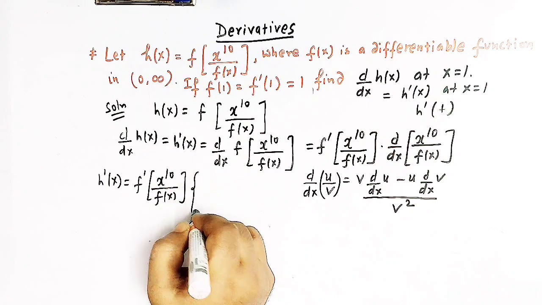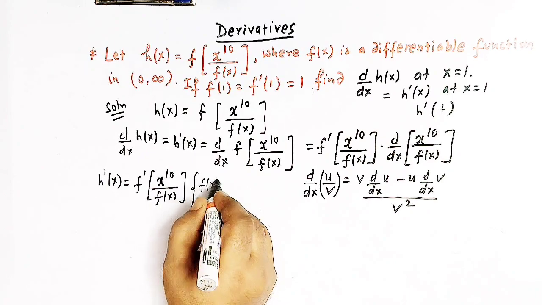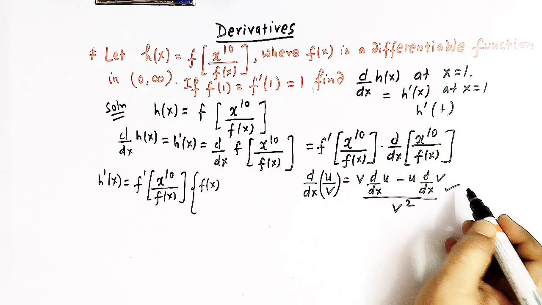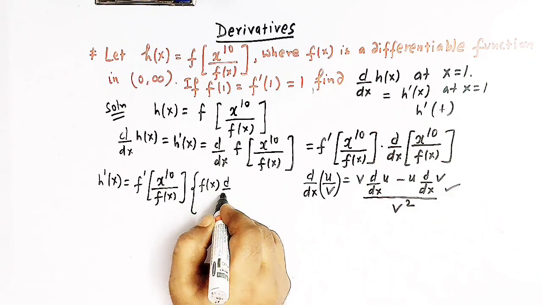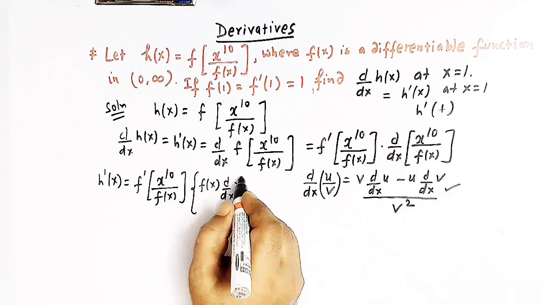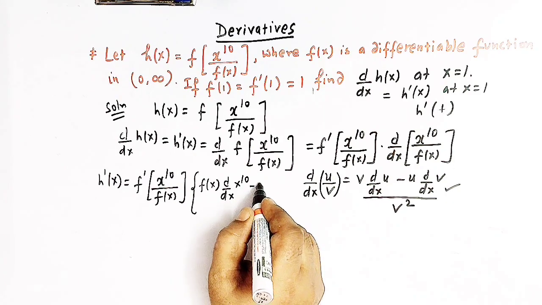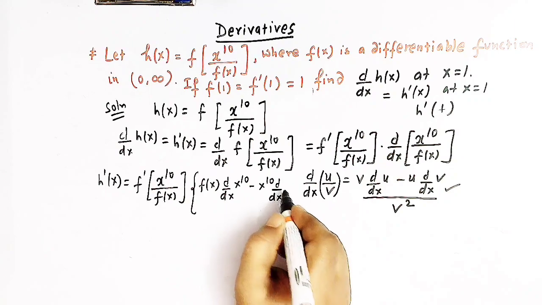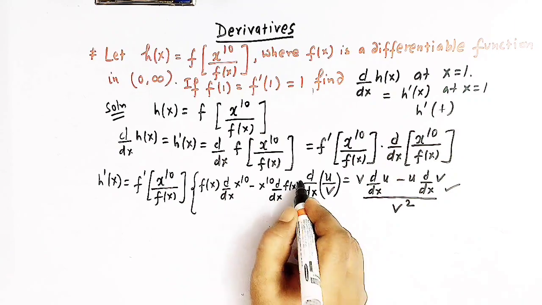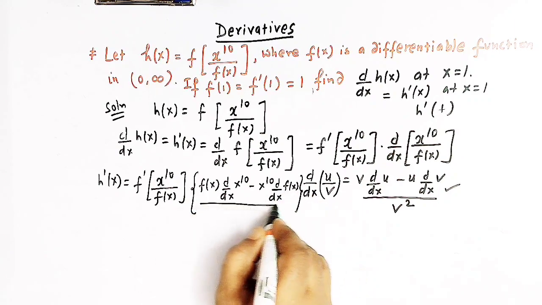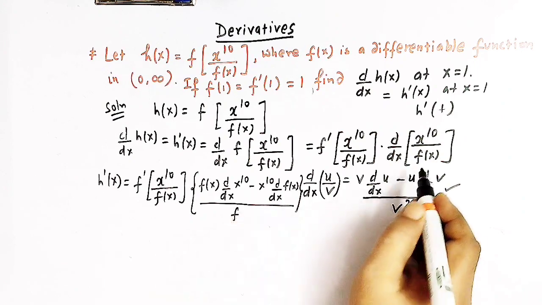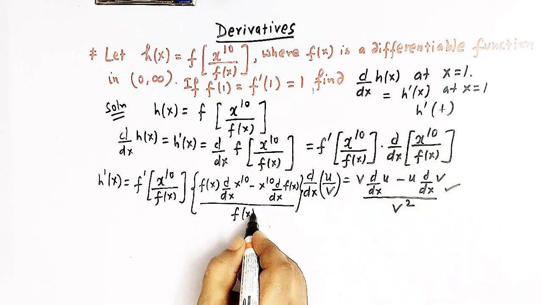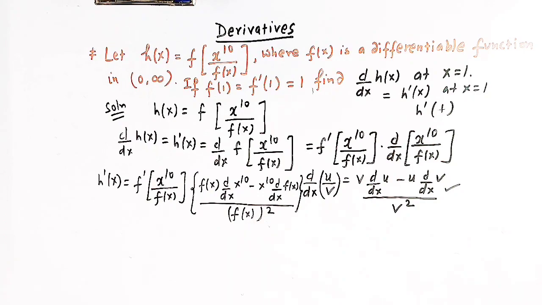So we can now write f of x times the derivative of x raised to 10, minus x raised to 10 times the derivative of f of x, and in the denominator we have the square of f of x, right?